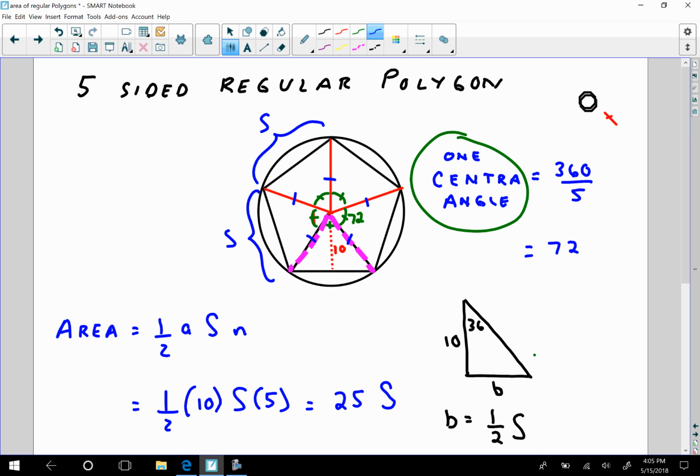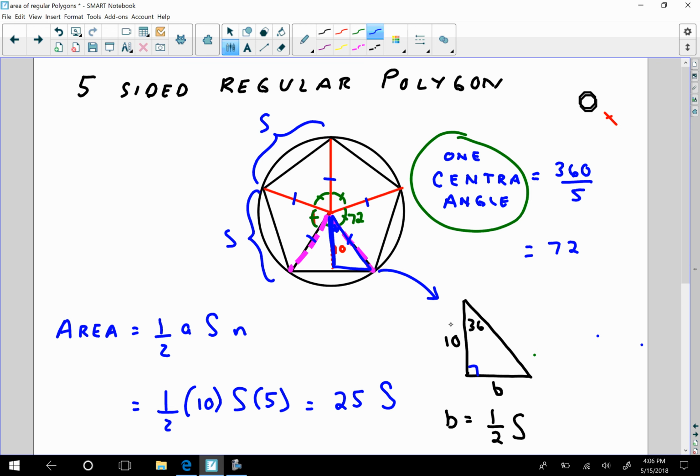That tells me I'm going to pull this right triangle out here, and I'm going to work with that particular triangle. And I know 36 is the measure of this angle because 36 is 1/2 of 72.